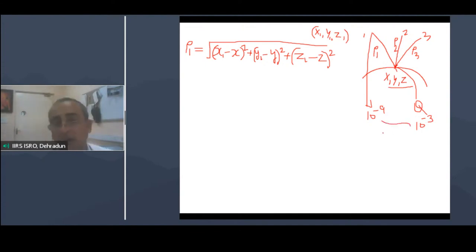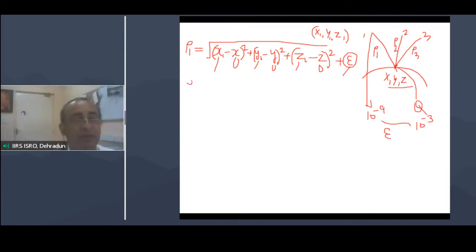Both clocks have to be synchronized, so there is a synchronization error. You will see one more variable, the time synchronization error, epsilon. So there are 4 unknowns: x, y and z coordinates of the ground point, plus epsilon.